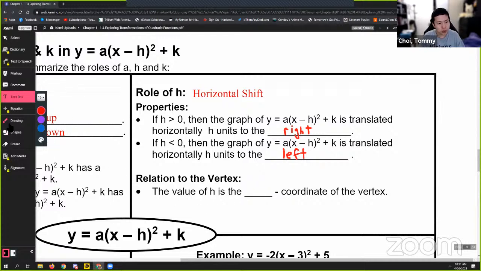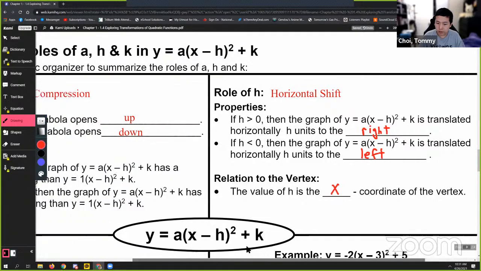And how does it relate to the vertex? The H is the x coordinate of the vertex. So we've kind of broken that down. Okay.